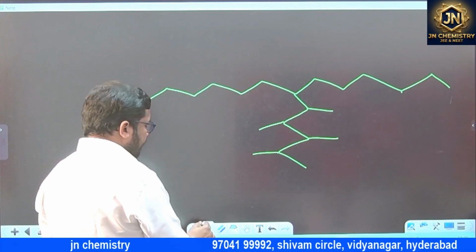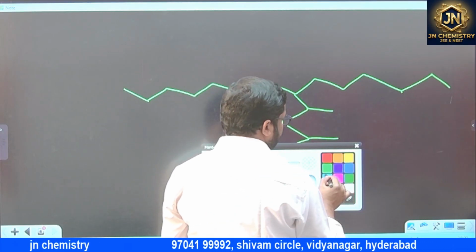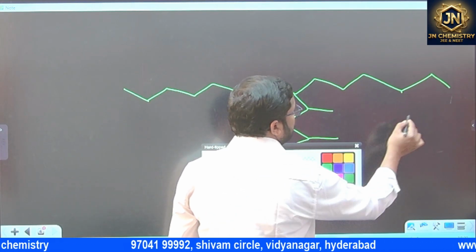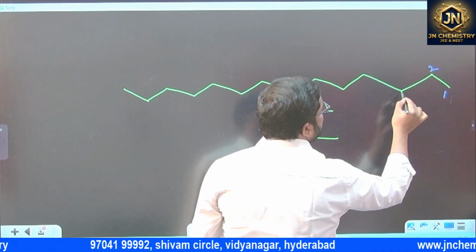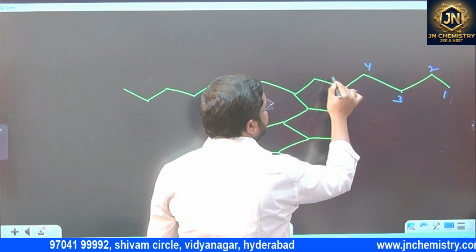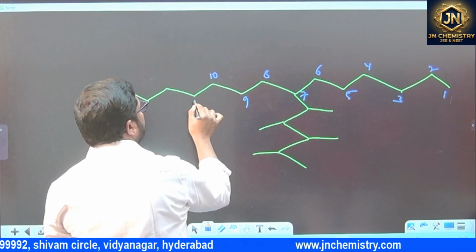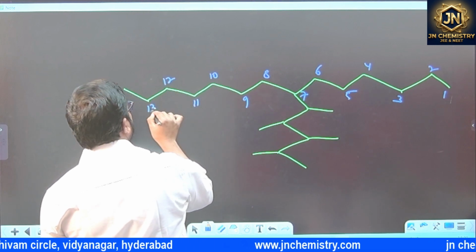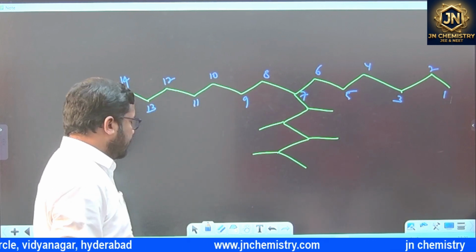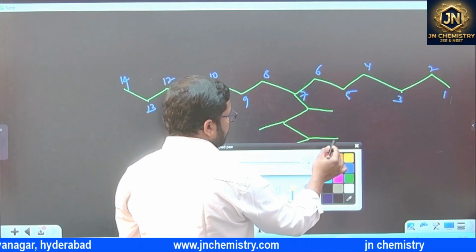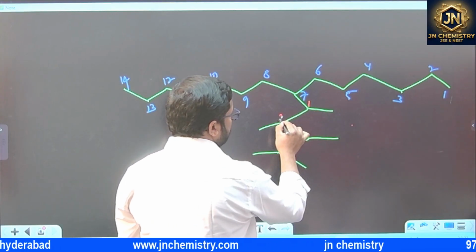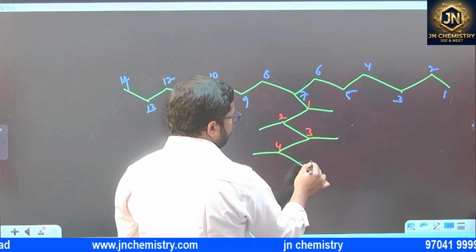So least numbering is coming from this side, I think, right? 1, 2, 3, 4, 5, 6, 7, 8, 9, 10, 11, 12, 13, 14. Tetradecane. Here onwards, 1, 2, 3, 4, 5.